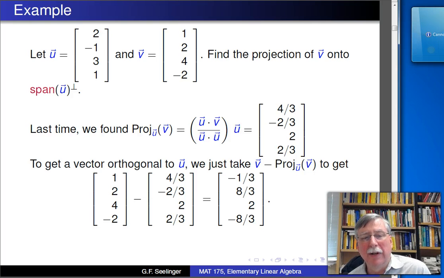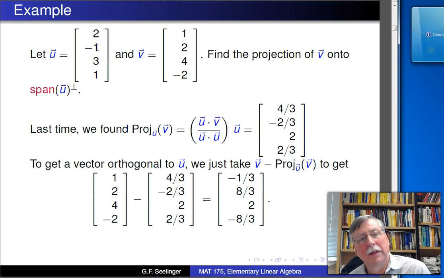And if you notice, if I take the dot product of u with this vector here, I'm going to get 0. I get negative 2/3 minus 8/3, so that's negative 10/3.